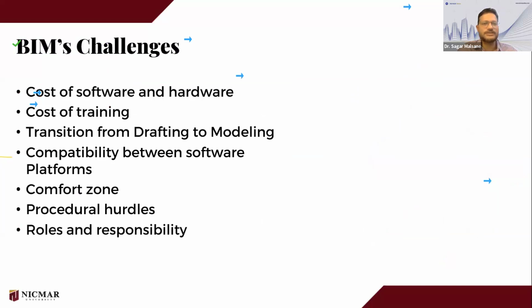Of course, as every concept or innovation comes with resistance and challenges, BIM also encounters a lot of challenges. The cost of software and hardware is one of the challenges. A steep learning curve, cost for training of people, transitioning from an established practice of doing construction projects for 10-15 years and now suddenly moving to a completely new workflow.